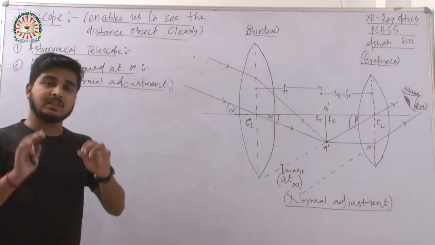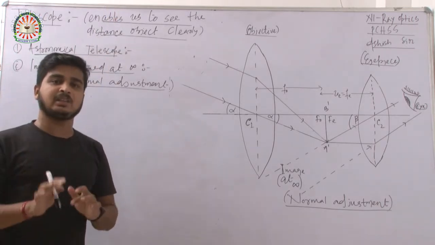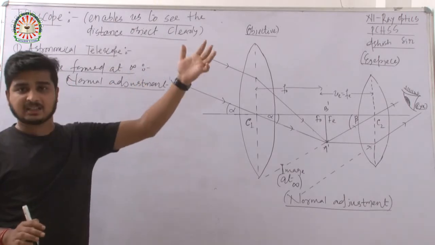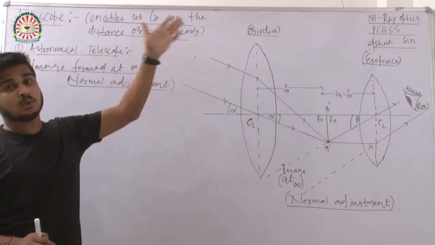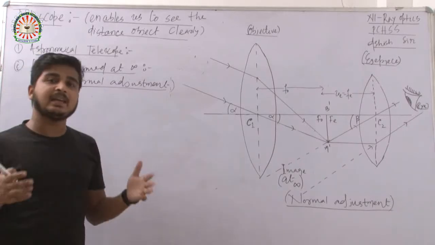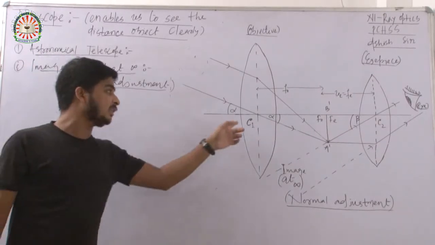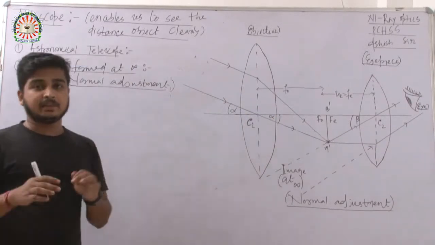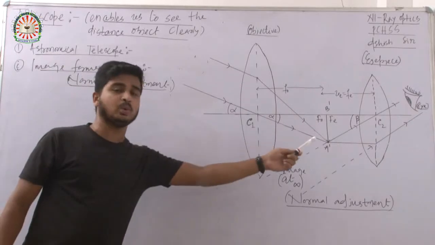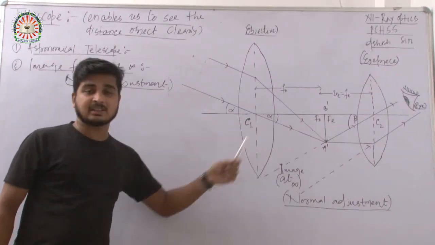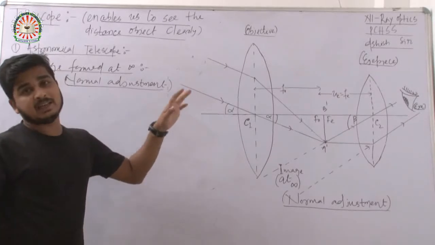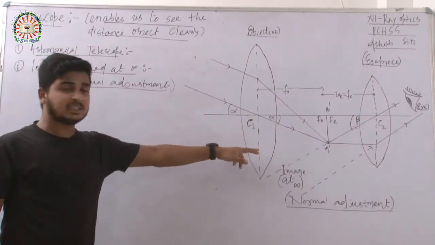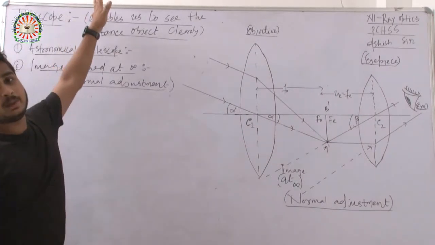Usually an astronomical telescope is used to see the planets and the stars, so the distance between the stars and the lens is very large compared to the length between the two lenses.